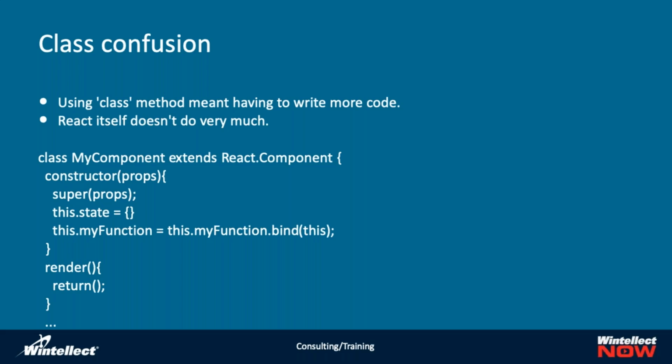That includes having a constructor that sets the initial values of the component, having to bind functions to the component inside the constructor, having to set the initial state specifically here, and then you have this new render method which returns something. It adds up to a whole lot of code that really isn't lending much to your application, but that you have to type for every single component.